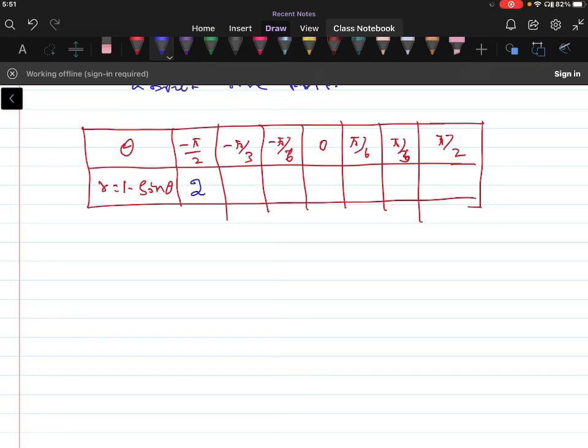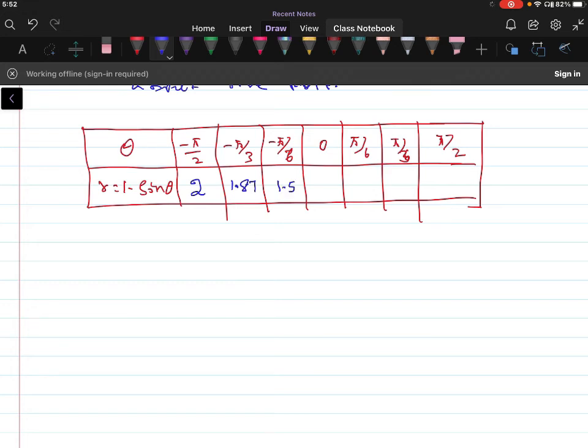When theta is equal to minus pi by 3, sine of minus pi by 3 is minus sine pi by 3, so you take the minus outside. So 1 plus sine pi by 3, that value will be 1.87. When theta is equal to minus pi by 6, that value will be 1.5.